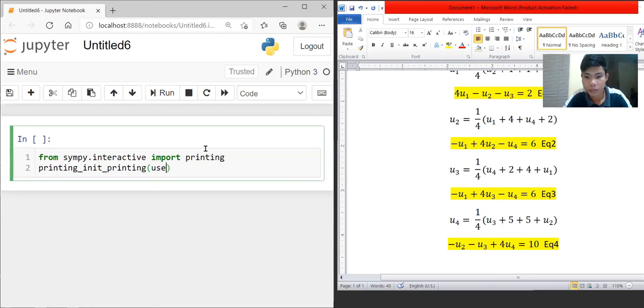So itong printing na to, gagamitin natin siya para ma-present or mapakita yung ating equation, which is meron tayong 4 na equation. Yan yung mag-i-encode ng ating equation.